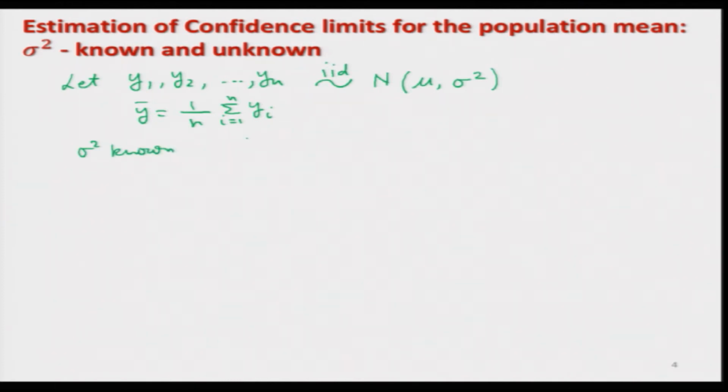Under this, y bar minus the expected value of y bar, upon the square root of the variance of y bar, will follow a normal distribution with mean 0 and variance 1.